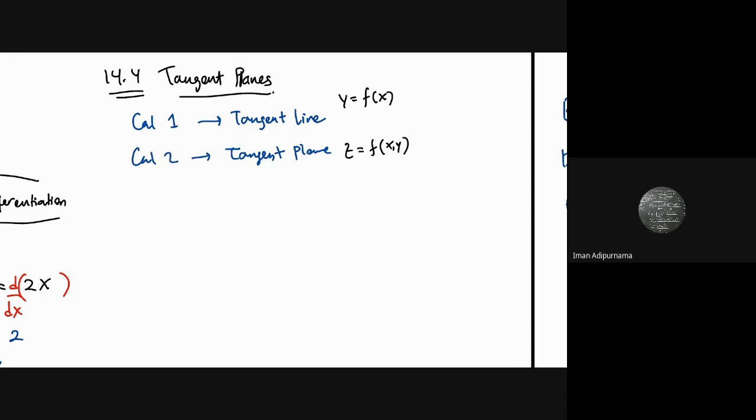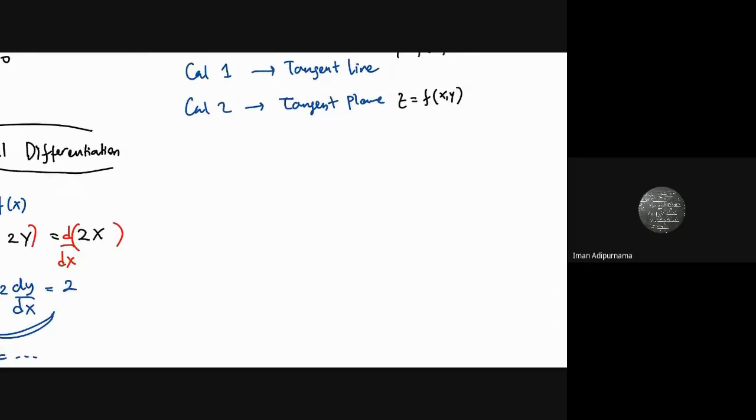Okay, let me start with some illustration of the graphs. And let me make the plane like that.